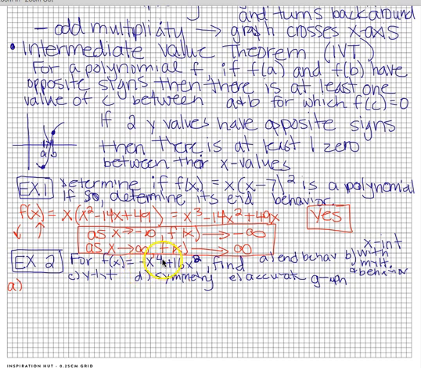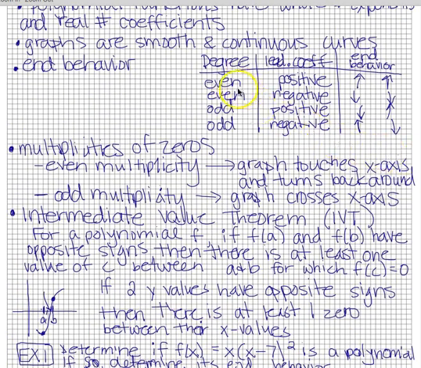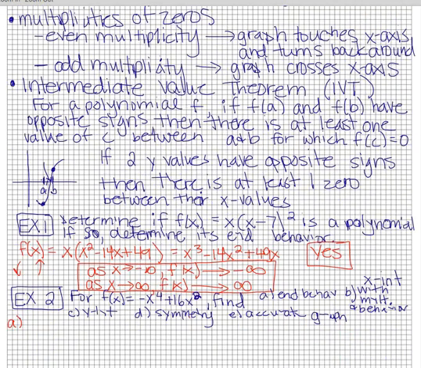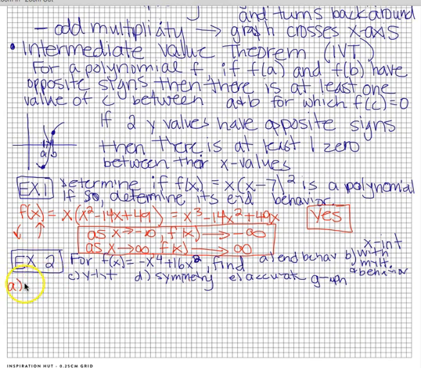So that's an even degree with a negative leading coefficient. When I look at my chart, even degree negative coefficient means both sides should go down. So that means that as x approaches -infinity, f of x approaches -infinity.